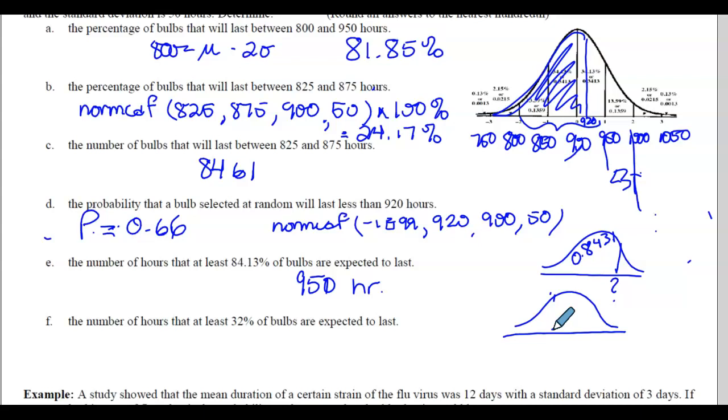So those number of hours. So I think we need that 32% at the end here. So we need the right-hand value, because that would be at least.